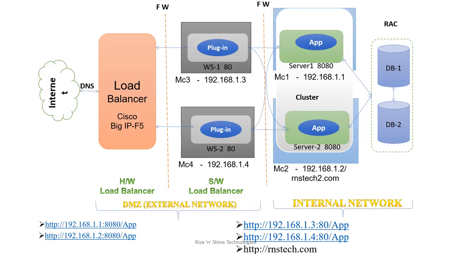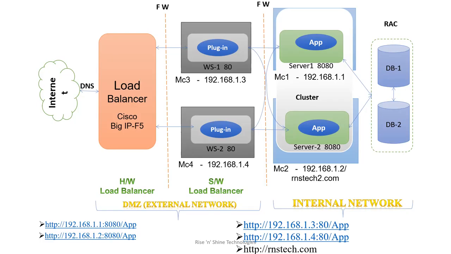Next, infra level or platform level changes. Suppose the Tomcat server's current version is 9.x, but the client is asking us to move to 10.x. That is also an update, but a platform level update.